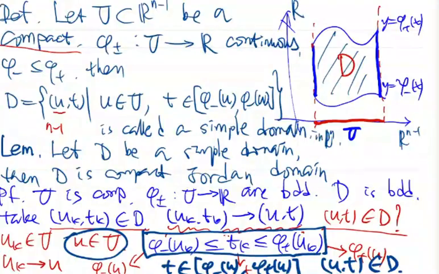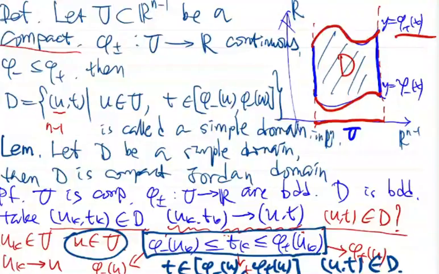The first part is the upper boundary, the graph of phi plus. Since phi plus is a continuous function, its graph has Jordan content 0. Similarly, the lower boundary of D is the graph of phi minus. It is also the graph of a continuous function, and therefore also has Jordan content 0.